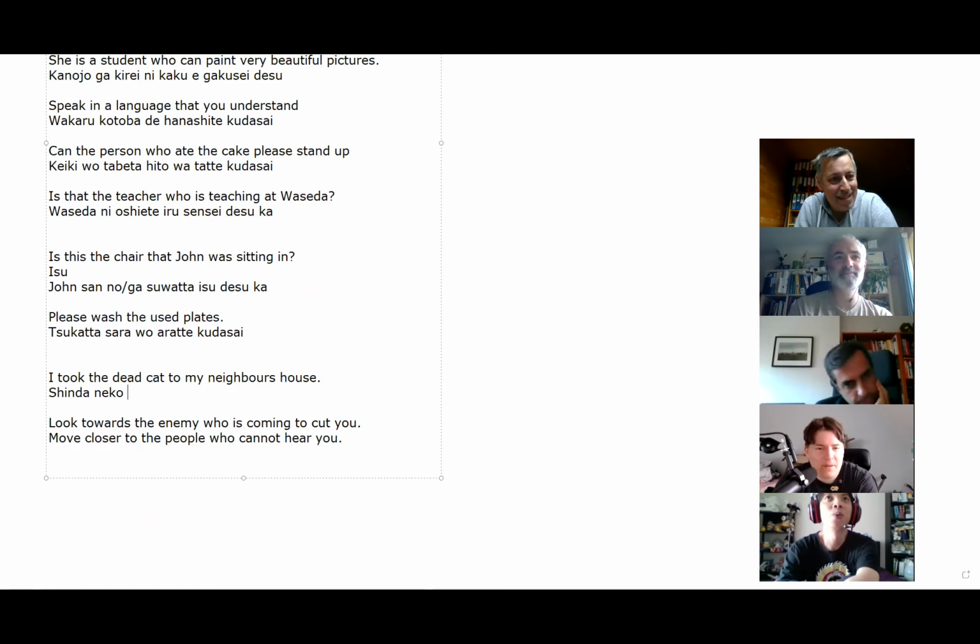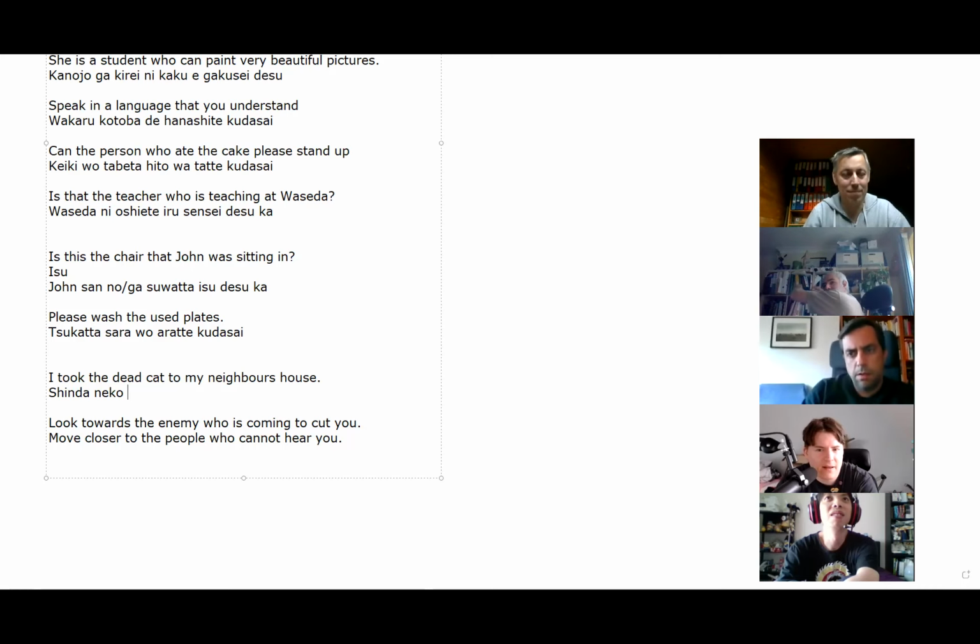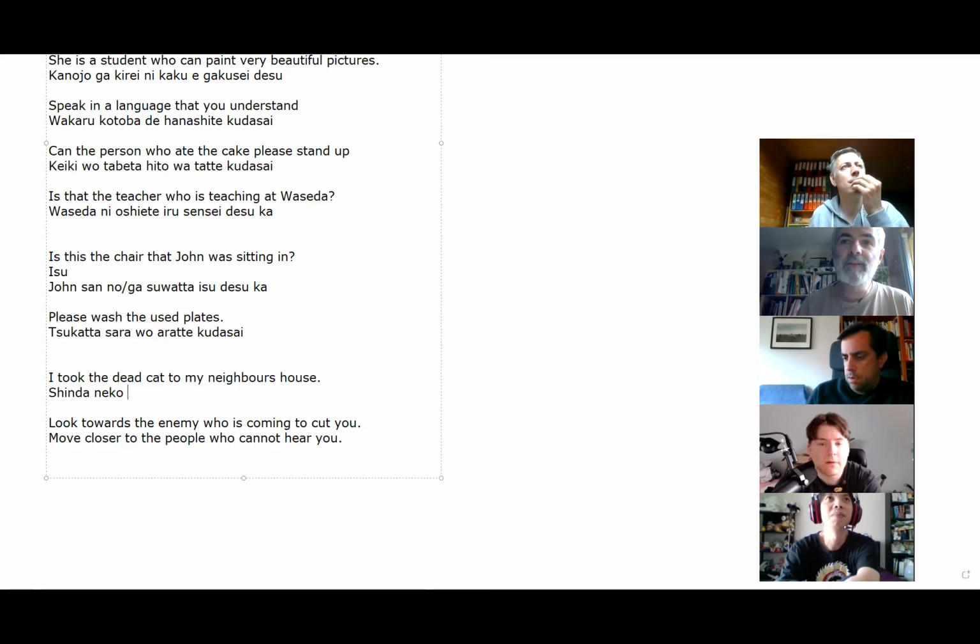What's neighbour? I previously used the word kinjo, but somebody else told me what it was. Tonari would be next to me, so you could use tonari no ie ni, but there's actually a full word for neighbour, which is rinjin. One more time.